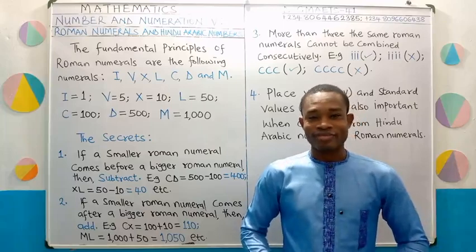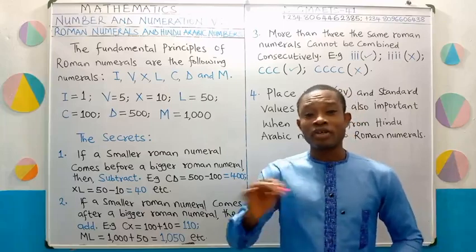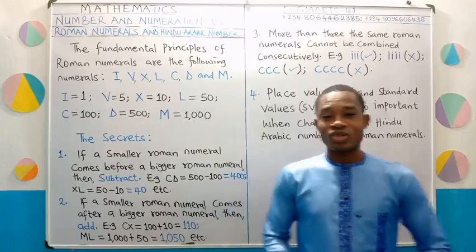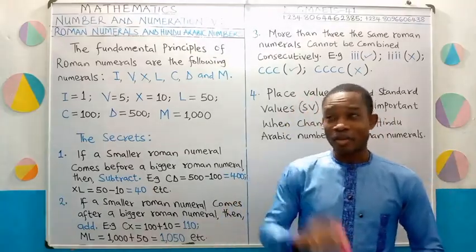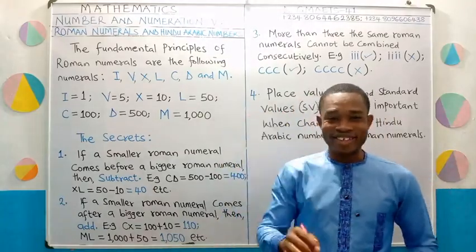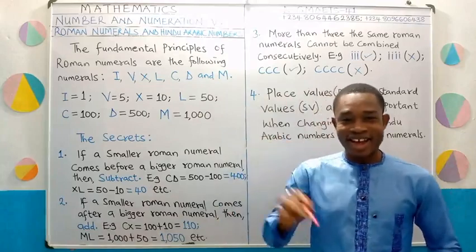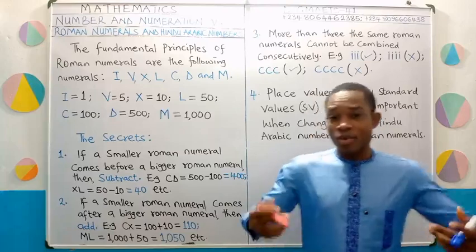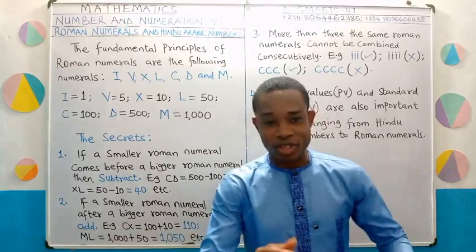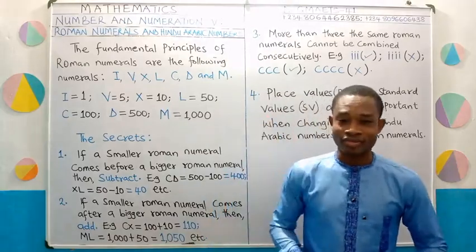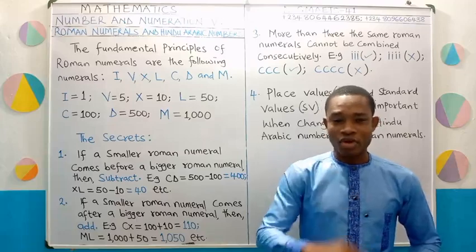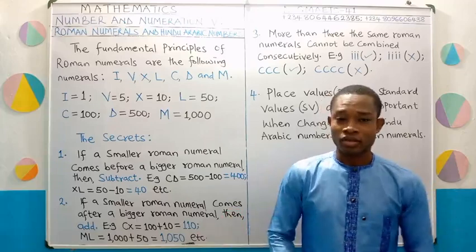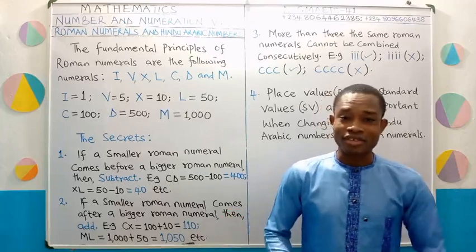For example, maybe while copying your notes, you may have seen where in trying to number things, you used I, maybe for 1, II for 2, III for 3, IV for 4. Am I right? Or maybe when you are studying a particular textbook, you see such numbering. That is our Roman numeral. It is also a system of counting, a way of counting, and we use it for numbering in some cases.